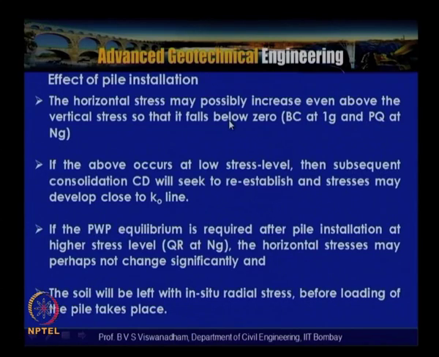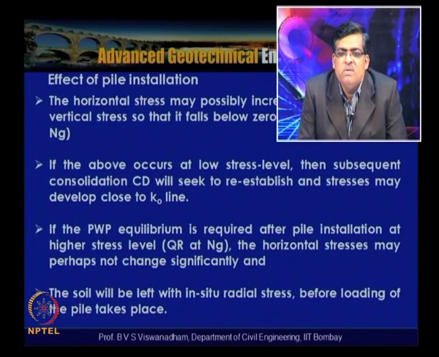If the above variation occurs at low stress level, then subsequent consolidation CD will seek to re-establish the stresses, which develop close to the K naught line. If the pore water pressure equilibrium is required after pile installation at higher stress levels, that is QR at Ng, then the horizontal stress may perhaps not change significantly, and the soil will be left with the in situ radial stress before loading of the pile takes place.